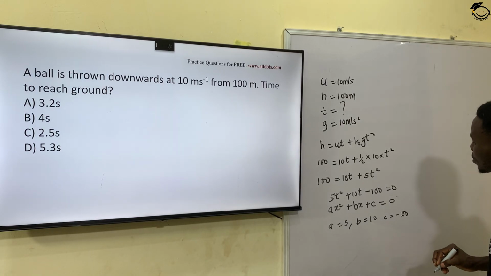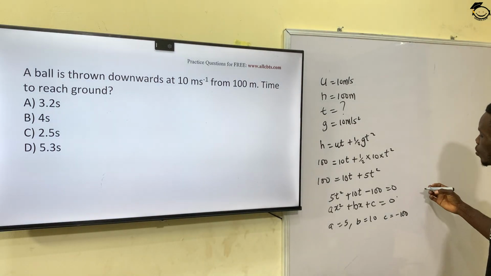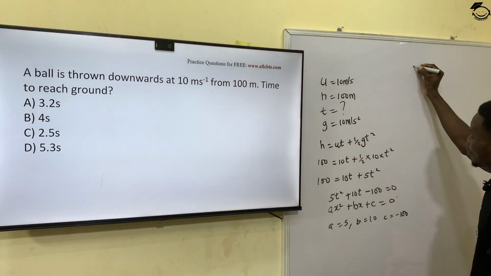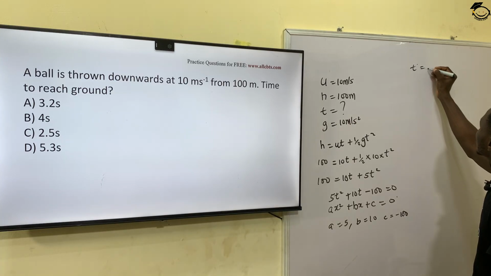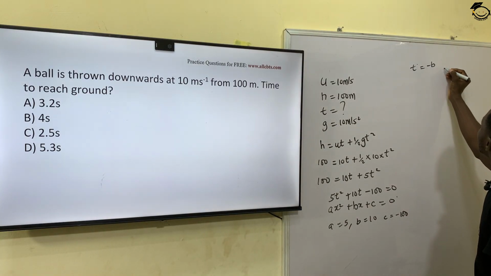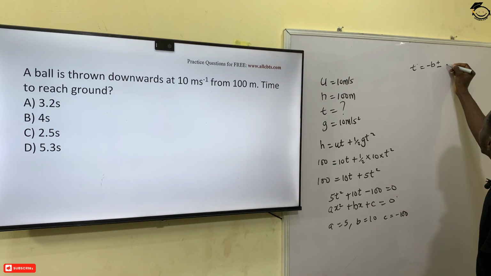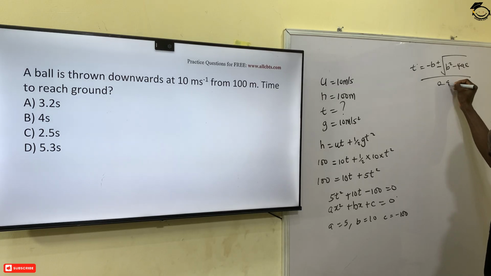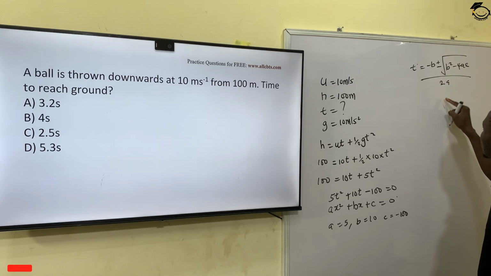So with this, we know that our formula simply says that t will be equal to minus b plus or minus square root of b squared minus 4ac, all over 2a, as the quadratic equation formula.